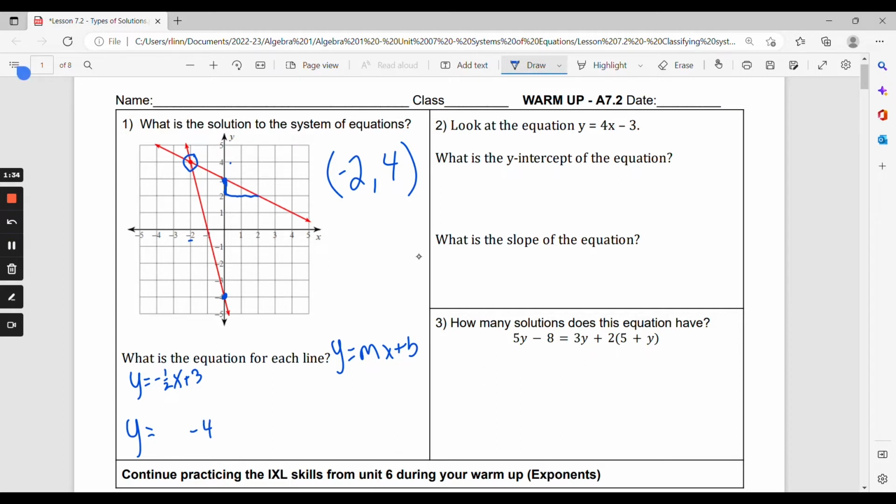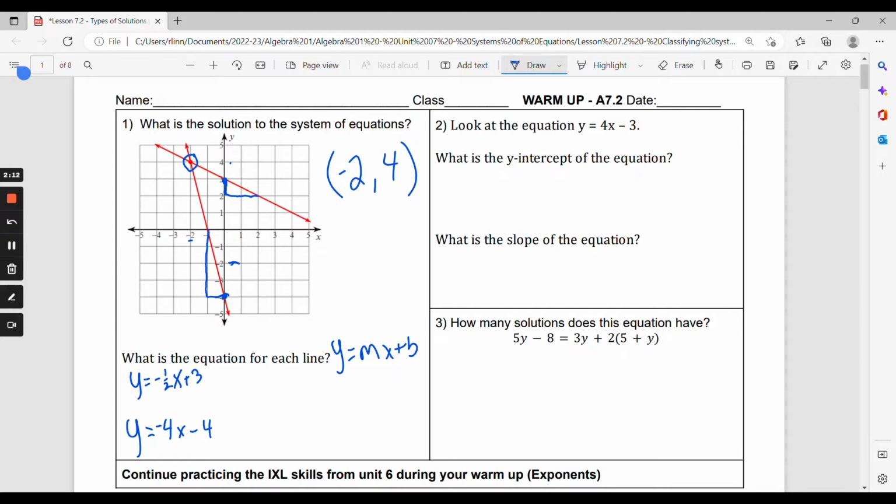And then instead of counting down 1 and to the right 2, it looks like my rise is instead 1, 2, 3, 4, and my run is 1, which means I'm going to have 4x, but I see that this line is also pointing down, which tells me I'm going to have a negative slope, so I'm going to have -4x minus 4. So my first equation is y equals -1/2 x plus 3. Second equation is y equals -4x minus 4.